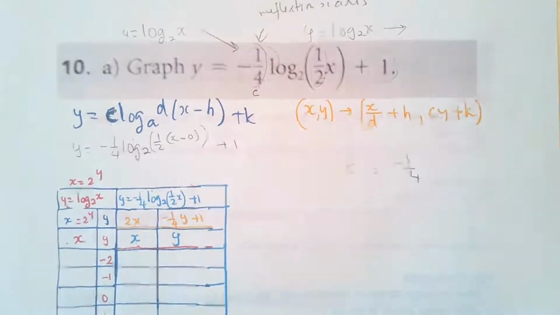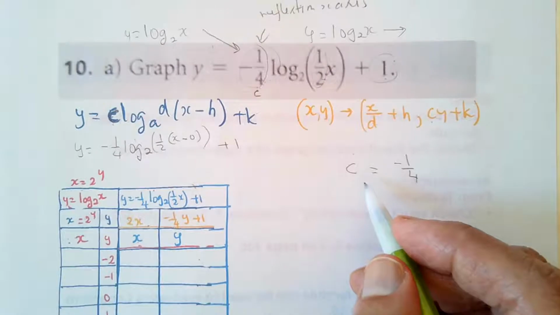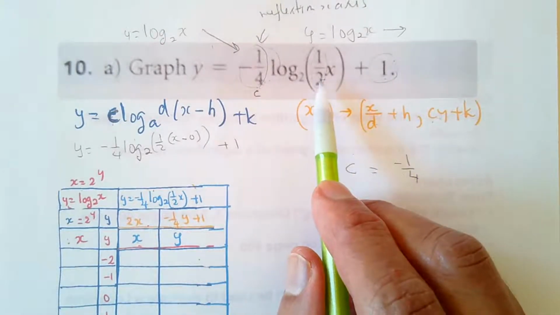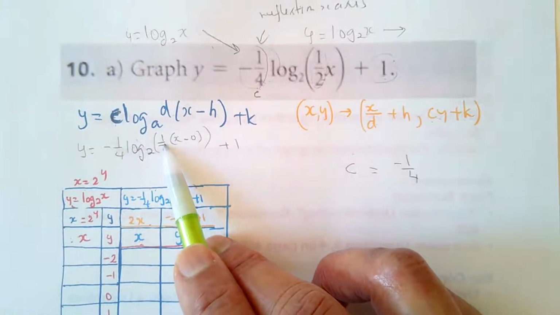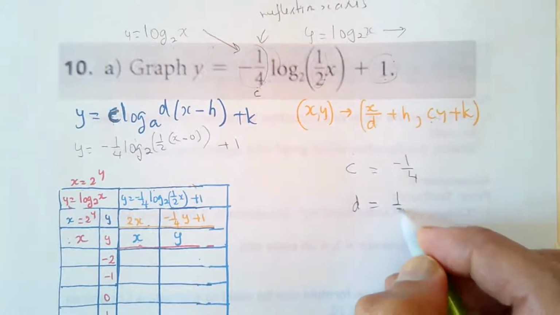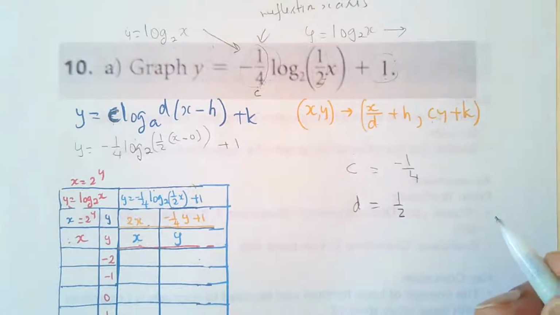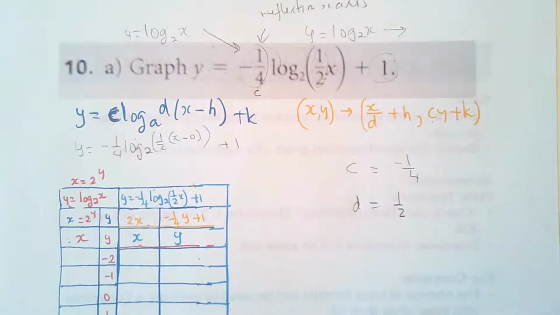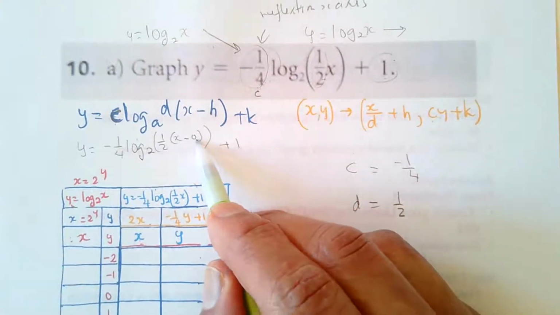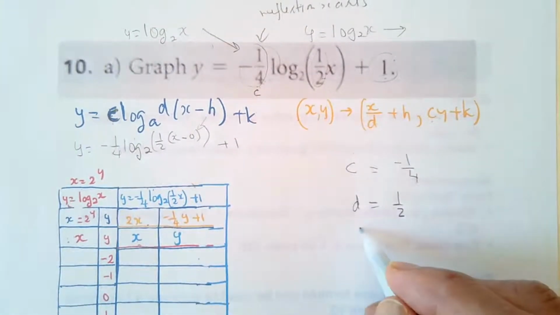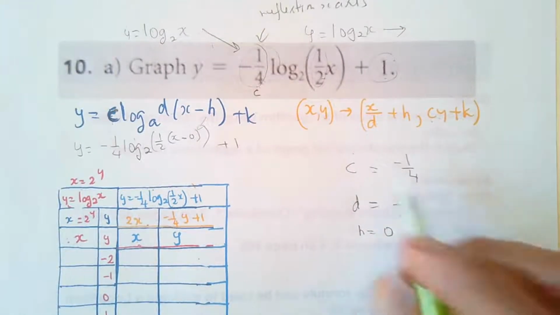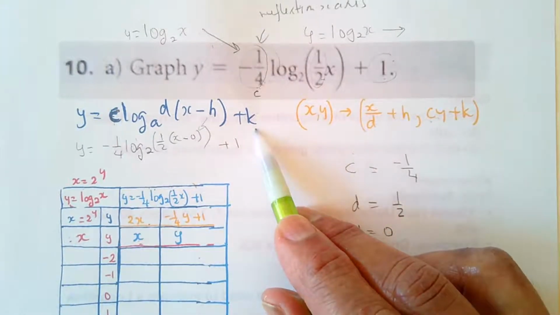Then I have d, which is the next one, a half. H is 0, there's nothing here, right? So this is my h. And finally, k is 1.